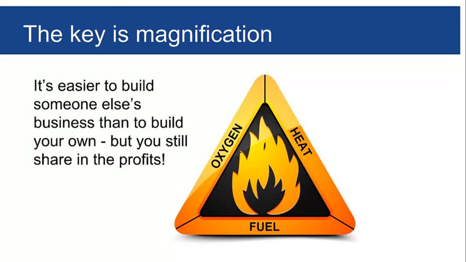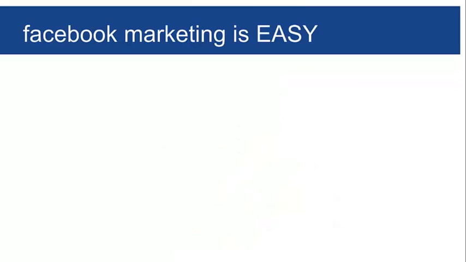In the way that a fire needs oxygen and heat and fuel, and when all those things are present, this thing can grow. You just keep adding to it. Facebook, in some ways, is like fanning that fire. You can really boost something by getting more people to see it, getting more people to take action, getting more people to engage. So, it's all about magnification.